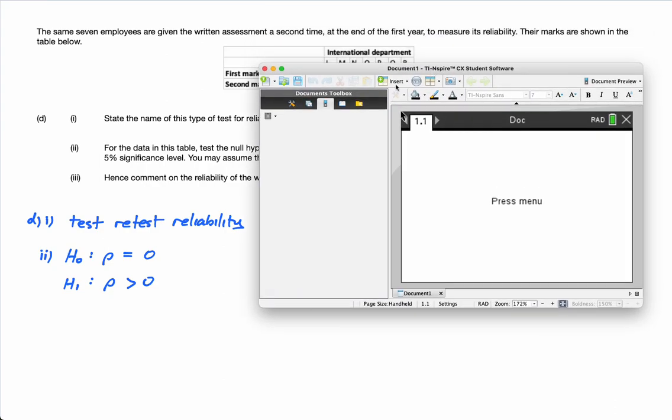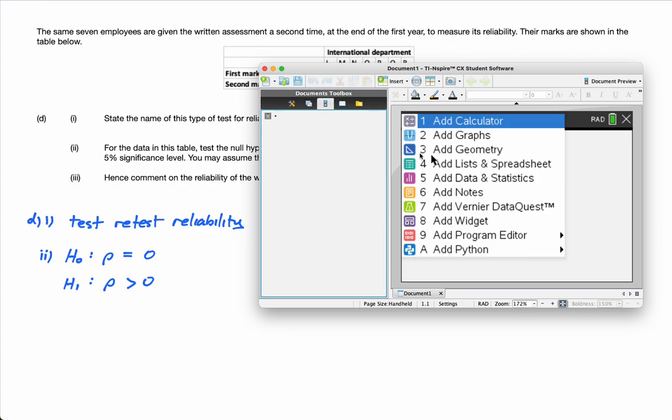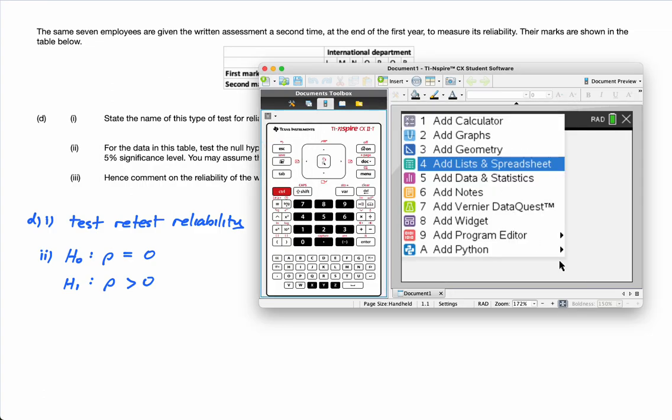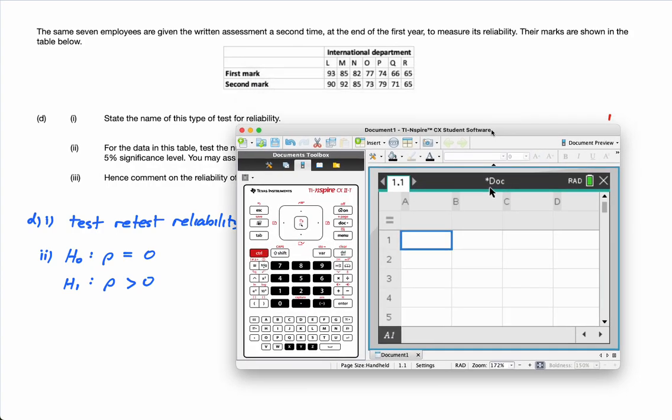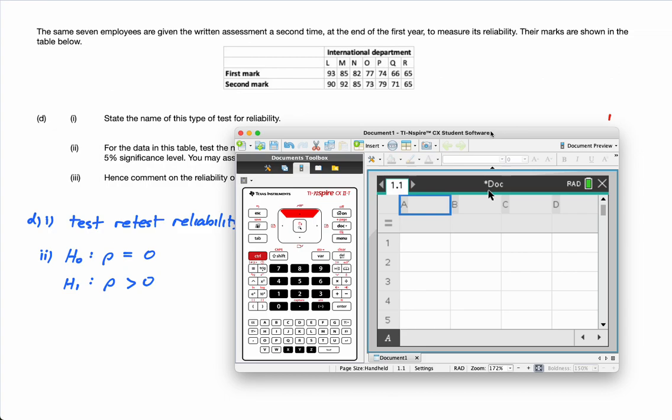So here is my calculator. We're going to go to spreadsheets and put in the data. I'll label the columns first and second.